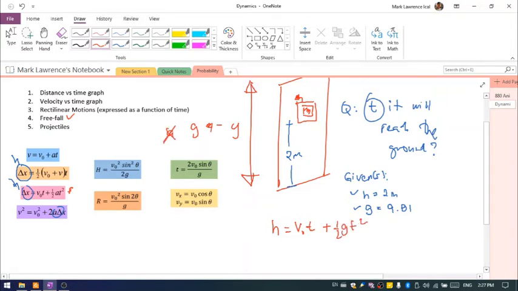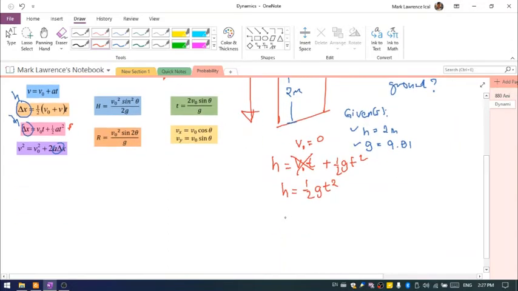Do we have a V naught? No, because our mirror started from rest, so our initial velocity is 0. So H is 1/2 G T squared.